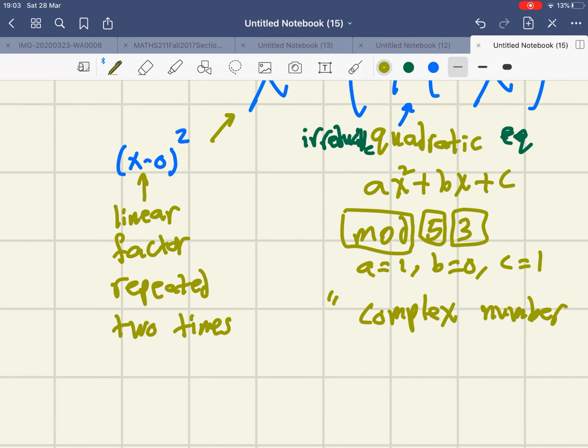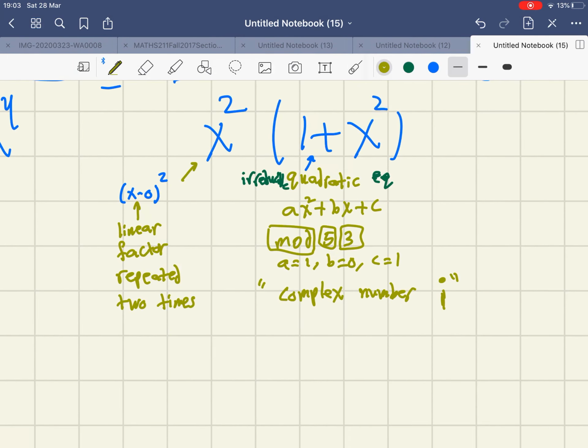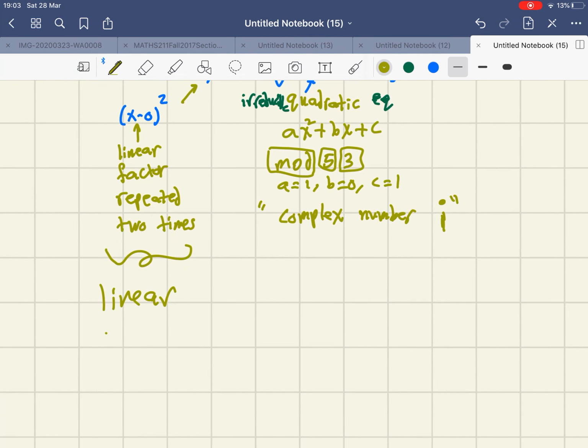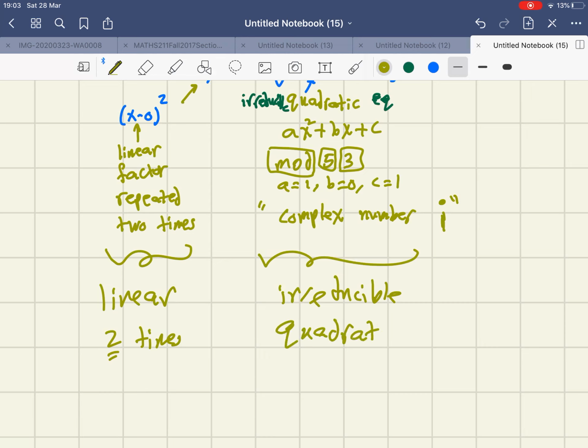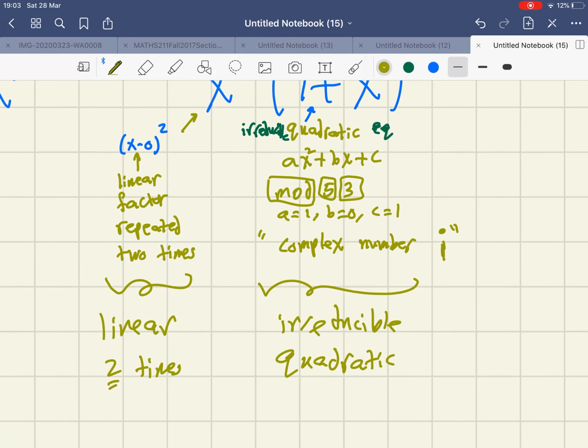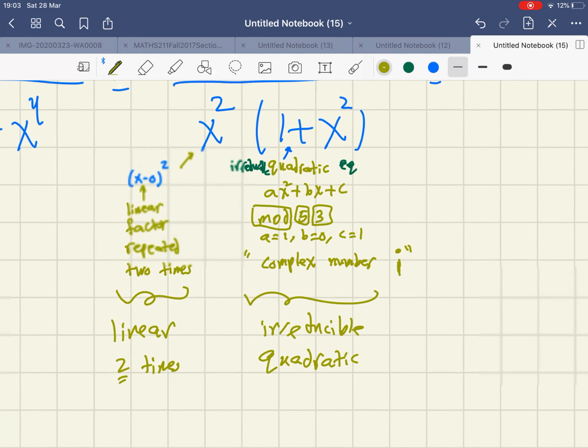As a summary, we have a linear factor, but it has been repeated 2 times. We have to take care of this number 2. And we have an irreducible quadratic, which is only 1 time, but it's an irreducible quadratic.